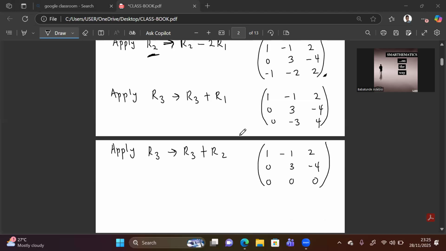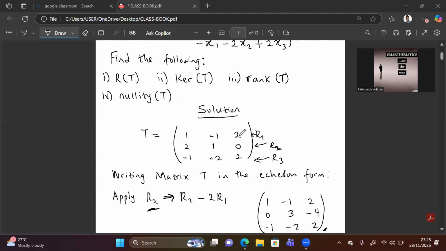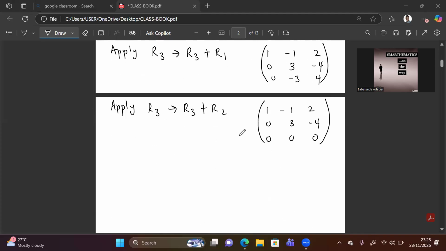Remember what the first question says, let me scroll up to remind you: we should find R of t, that's the range of t. The range of t is a set that contains the entries that have the pivots, that's the leading entry.